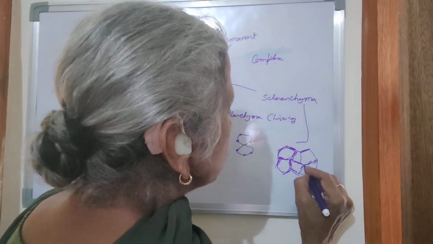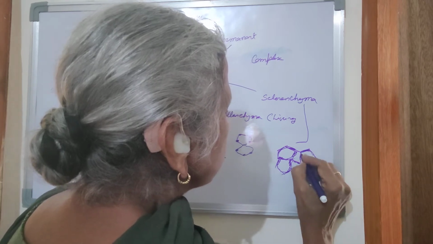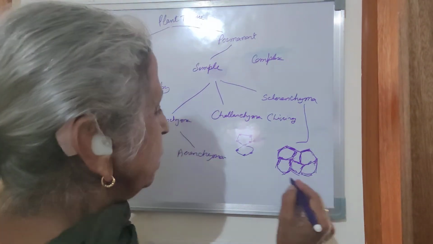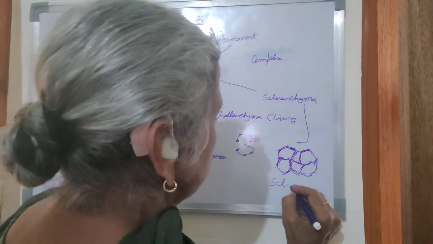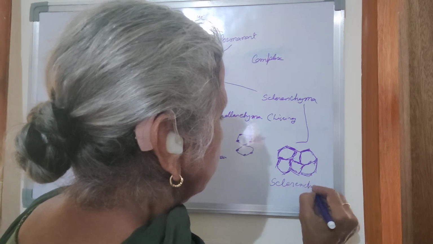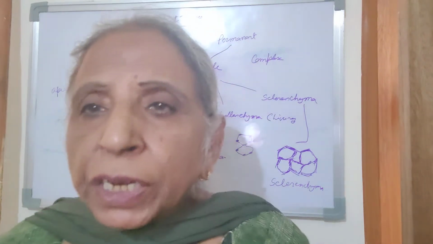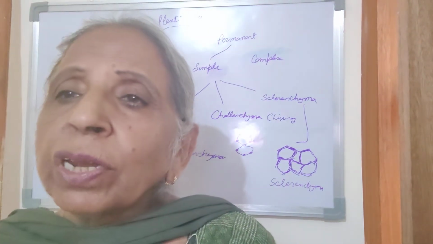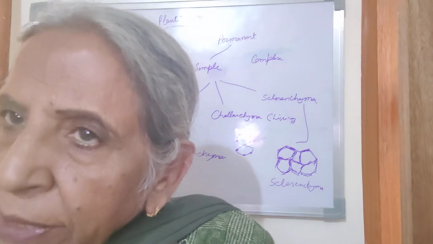This thickening is due to the presence of lignin. Their walls are lignified. That is sclerenchyma. Sclerenchyma are totally dead cells. Their walls are highly thickened due to the presence of lignin, and they are dead cells.